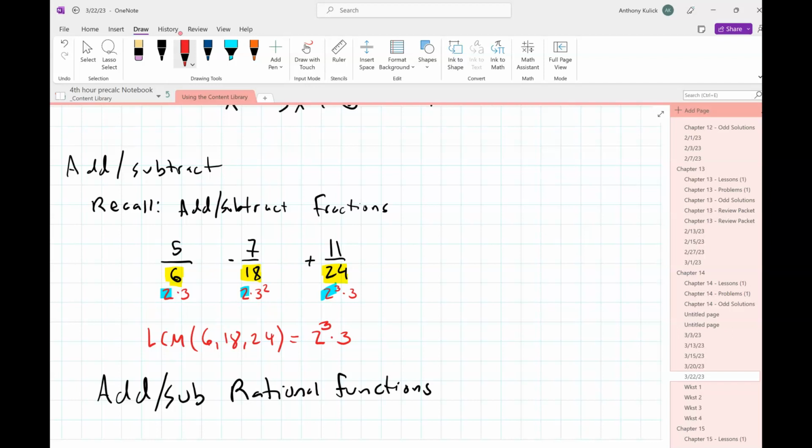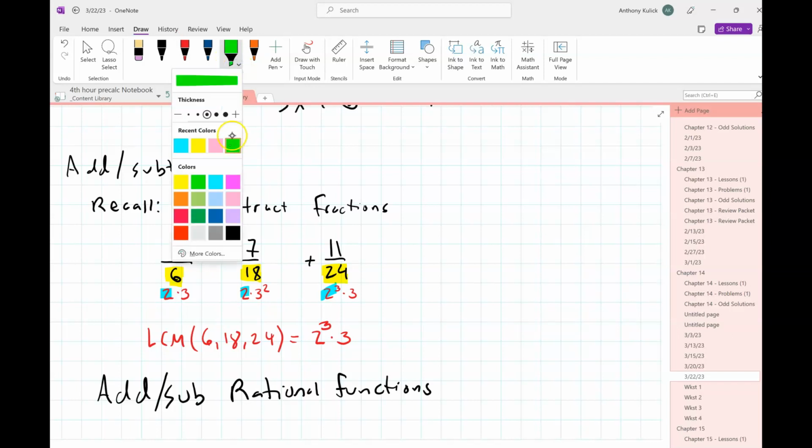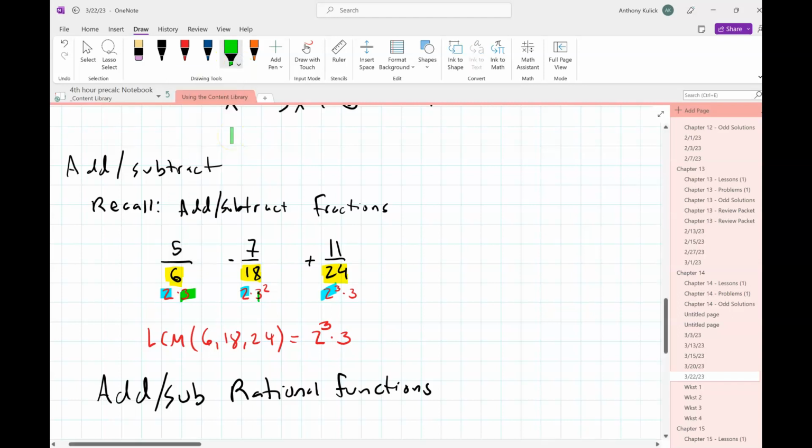So I have 2 to the third. I'm going to then do the same thing for the 3's. I have a 3 to the first, 3 to the second, and 3 to the first. So the exponent of 3 in my least common multiple should be to the second. Everybody okay with what I've done now?